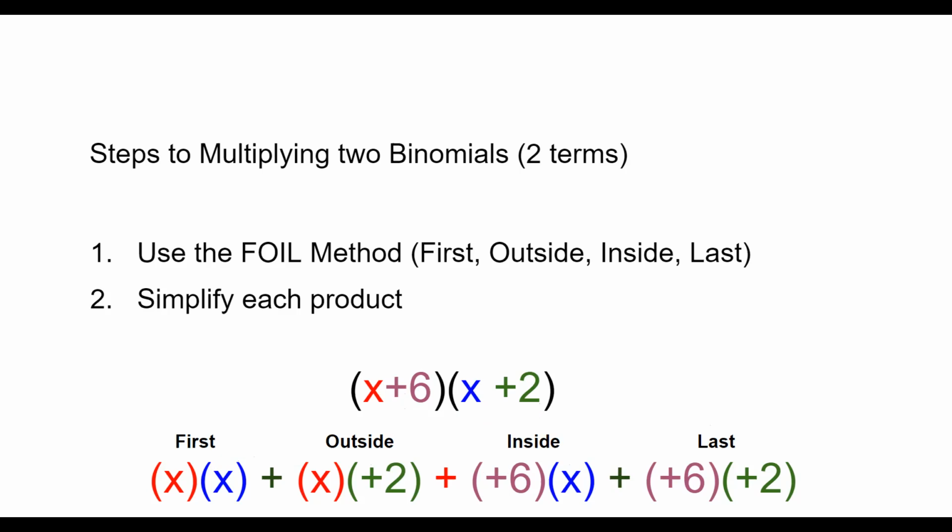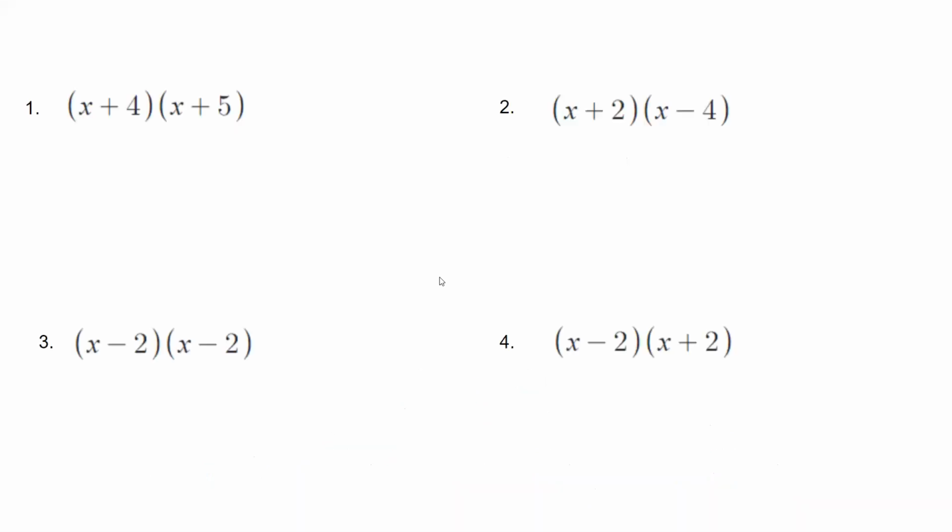So let's go through 4 sample problems. And there really are 4 different kinds of problems here. Let me show you what's different about each one of these before we get started. This one, they're both addition, x plus 4 and x plus 6. So there's no negative signs in this first one. That makes it a little bit easier. In the second one, we have one negative sign.